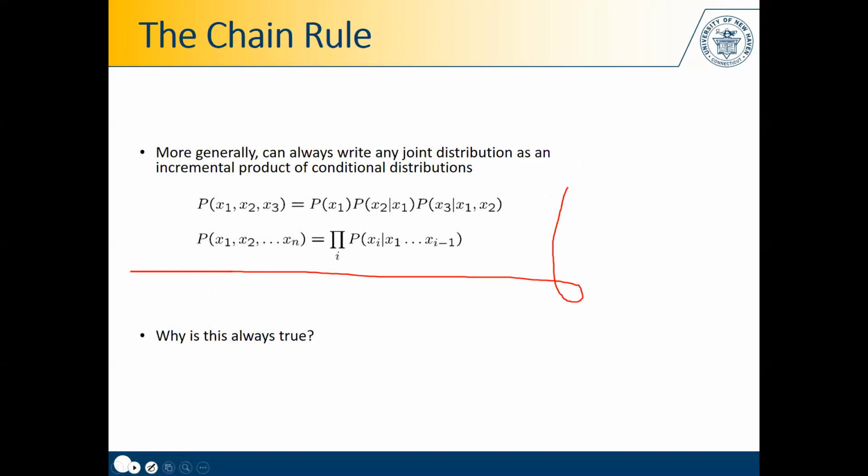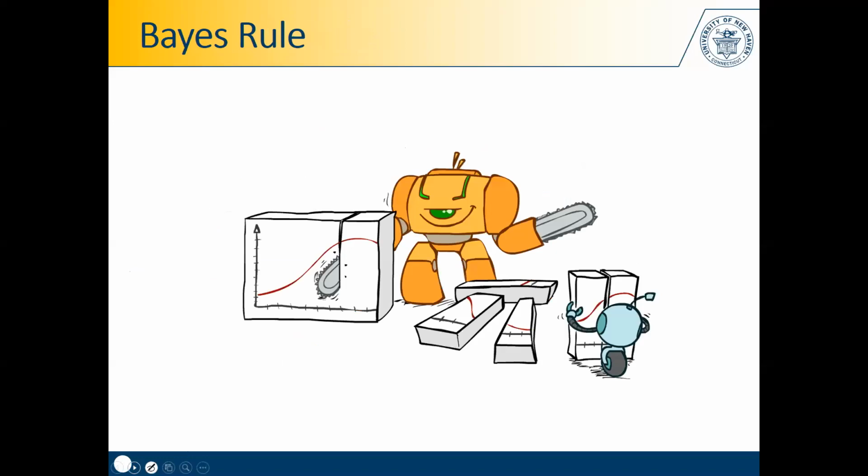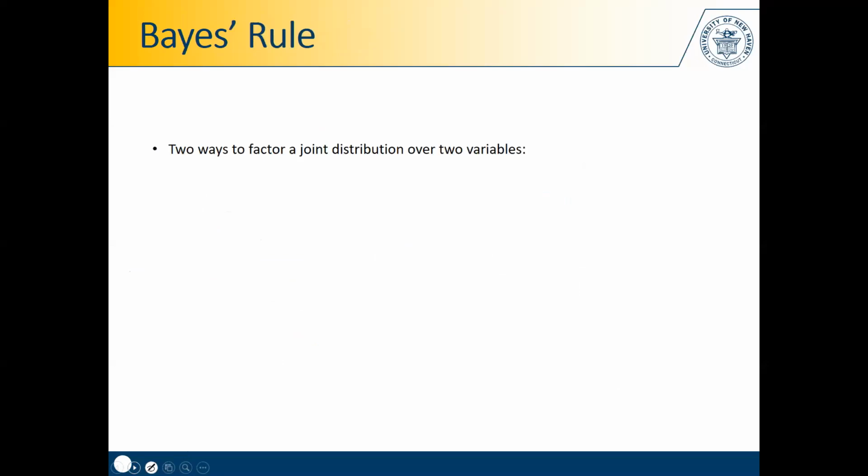All right, now the Bayes rule. This is a very, very famous and super useful and fundamental rule in machine learning and AI. So there are two ways to factor a joint distribution over two variables.